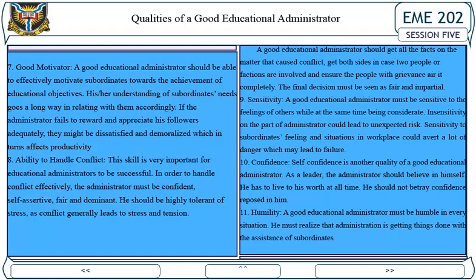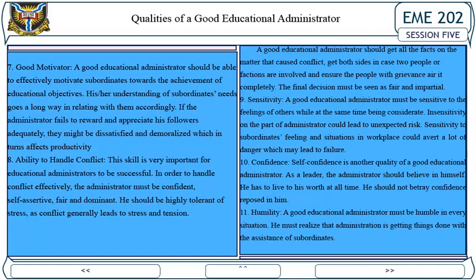If the administrator fails to reward and appreciate his followers adequately, they might be dissatisfied and demoralized, which in turn affects productivity.